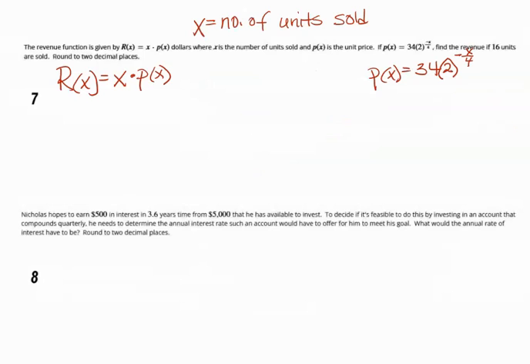Going on now to number 7, take a moment to read the example. And I'll go over it with you. The revenue function is this, which is what I've written here, where X is the number of units sold, and the P of X is defined by this. Okay, so let's start to fill in what we have.